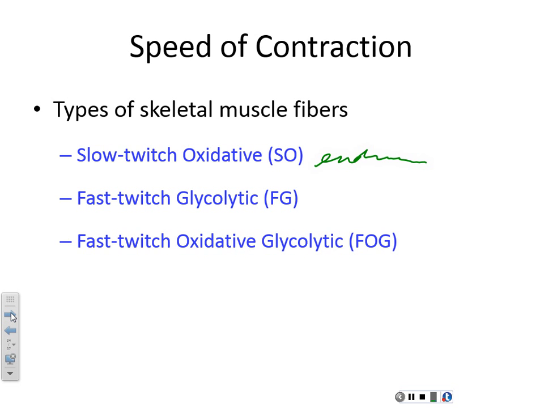And so sprinters like Bolt, they have a lot of these glycolytic fibers, which are big and fat, not fat, but they are big diameter, because they've got glycogen storage in them, all right? And the slow twitch are thin and narrow because they don't have to store any glycogen in it, and they have blood vessels.